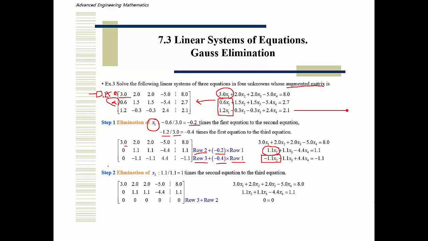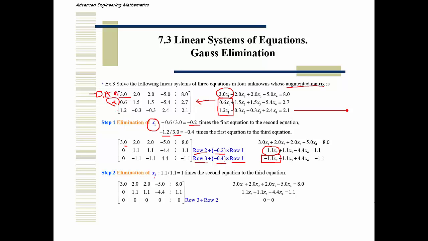As a second step, elimination of x2. From this augmented matrix, we can derive another augmented matrix which does not include the x2 variable.